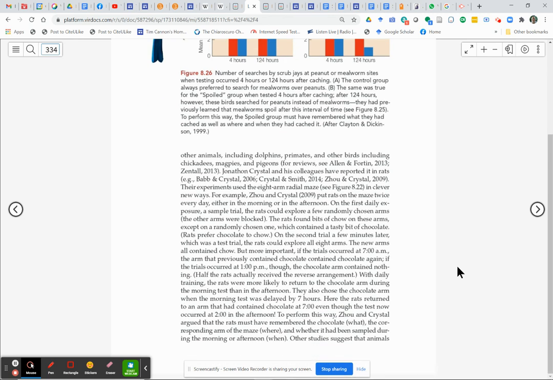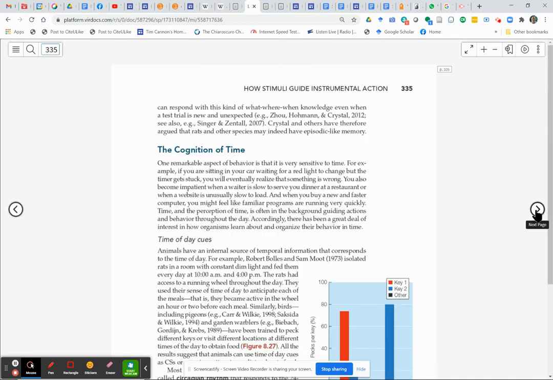And there's timing, and we're going to come up on timing here later in the chapter. I'm not a big fan of this section. And there it is.